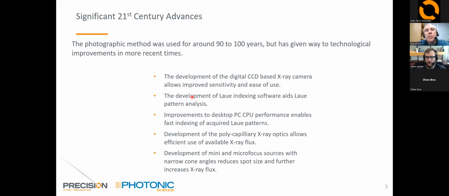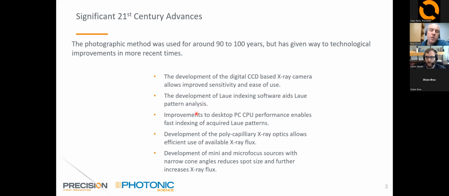Also, the development of Laue indexing software aids Laue pattern analysis, so you don't have to refer to charts anymore. You can put in the lattice constants and space group, etc., from your crystal, and simulate the crystal in different orientations on a computer, and use this to match the pattern that you've acquired experimentally.